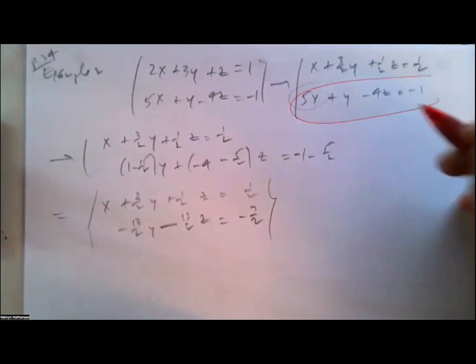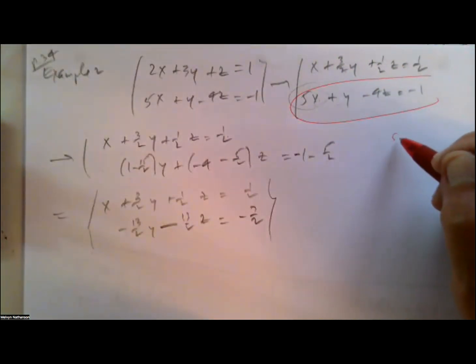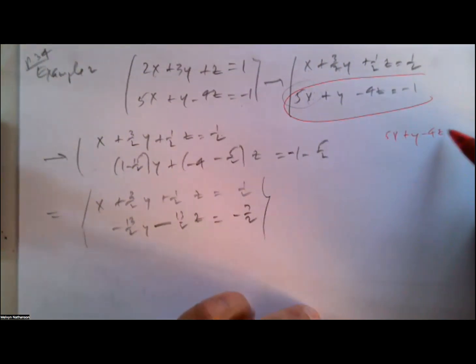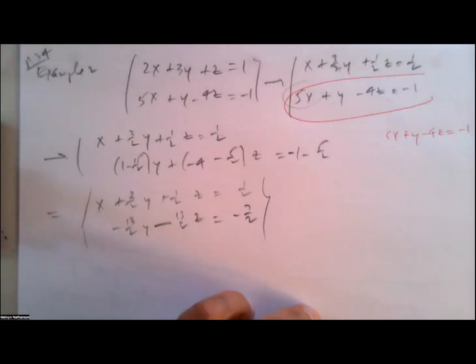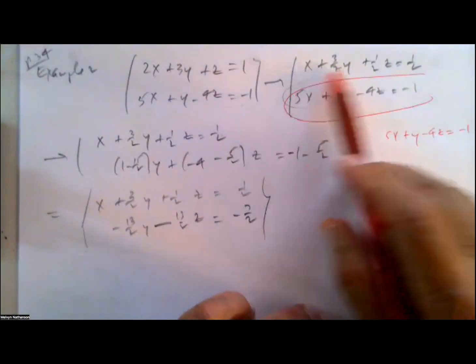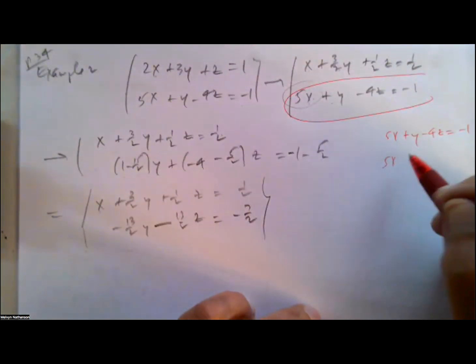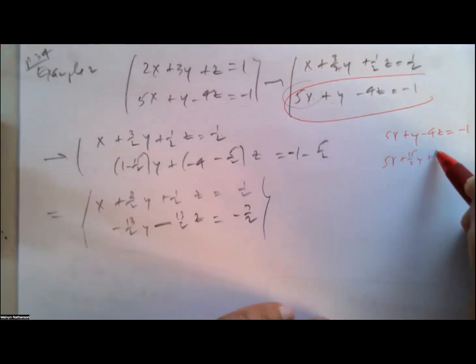here I have this equation, 5x plus y minus 4z equals minus 1. Now, if I take the first equation and multiply it by 5, I get 5x plus 15/2 y plus 5/2 z equals 5/2, right?